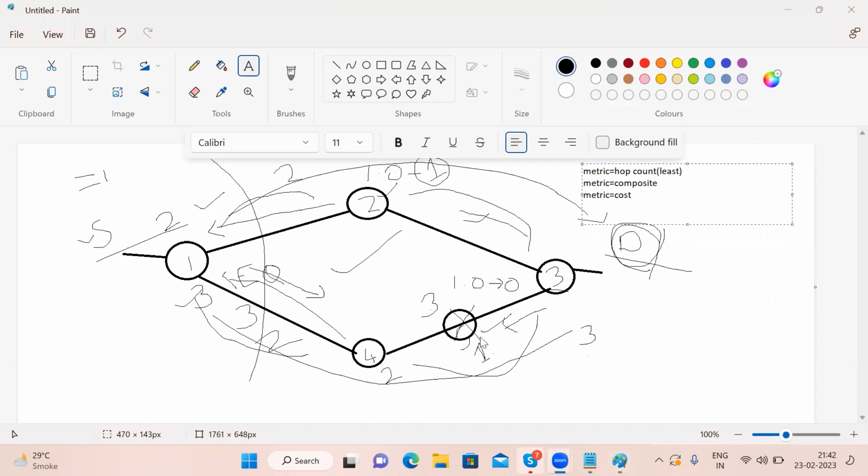How to remember all this? You have to remember, bro. I am not using any notes for any of the routing protocols. I remember each and every feature of every routing protocol.